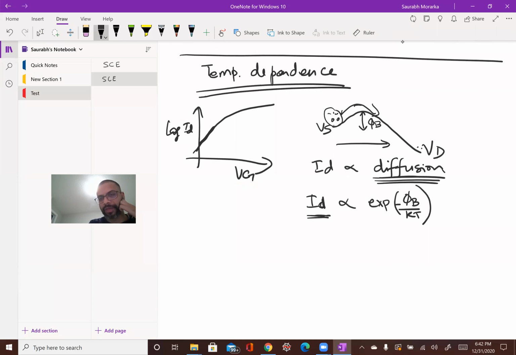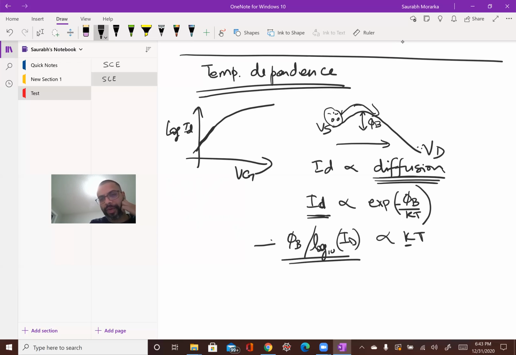Now, if we were to do some math on this, take a log on both sides, log 10 of ID, phi b, and this becomes proportional to kT. This is just a constant, and this is the temperature.